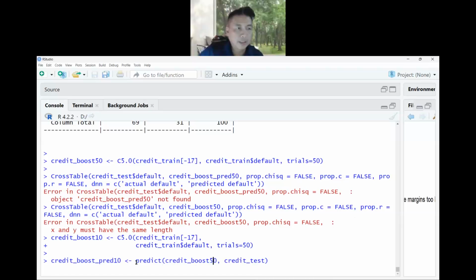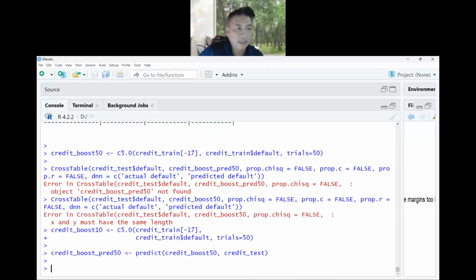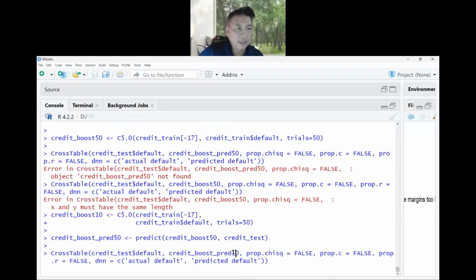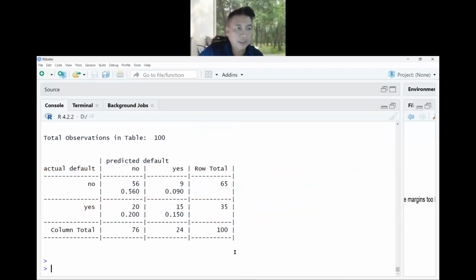So this is 50, this is 50, and then I can perform the tabulation of the table. So when I use 50 trees, I can only improve the accuracy by 1%, because over here I have 20 plus 9, 29% error.